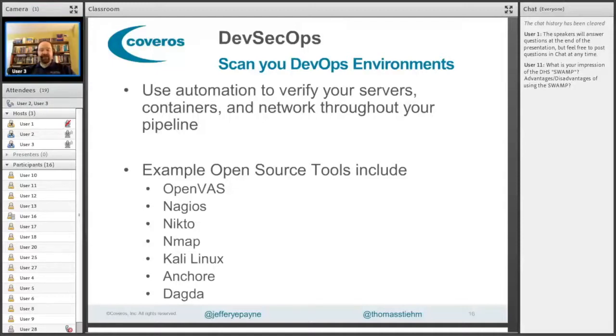Nagios is a tool that helps you monitor and manage your network. And Kali Linux is a tool that puts a lot of these penetration testing and security testing tools together and helps you manage your ability to test those and keep those going.